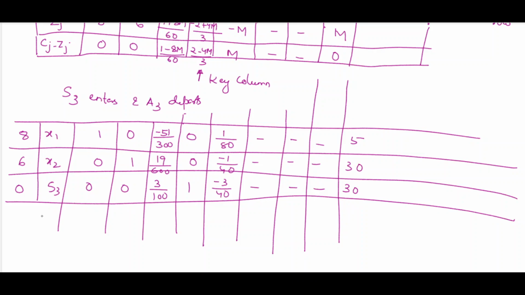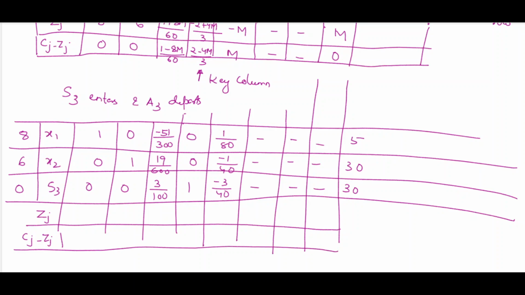Now you will compute zj, and next is cj minus zj. If you compute cj, it is 8, 6 minus 1.170 minus 0.05. These are dashes, let's say. Here cj minus zj is 0, 0, you will get plus 1.170 plus 0.05.